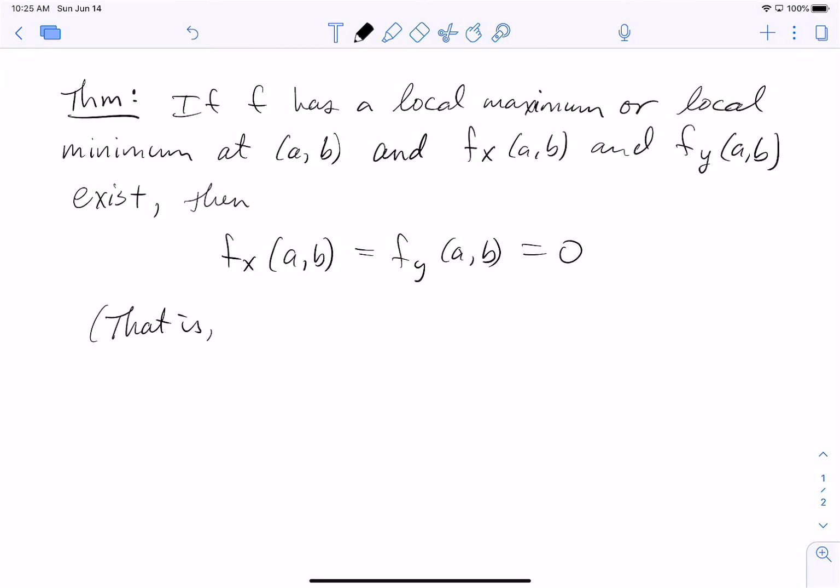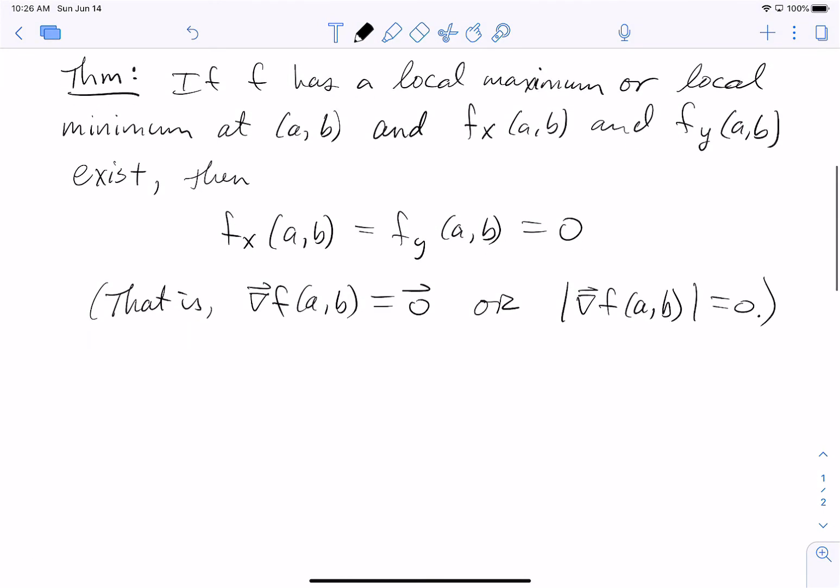In other words, the gradient of f at (a, b) is equal to the zero vector, or the magnitude of the gradient of f at (a, b) is equal to 0.